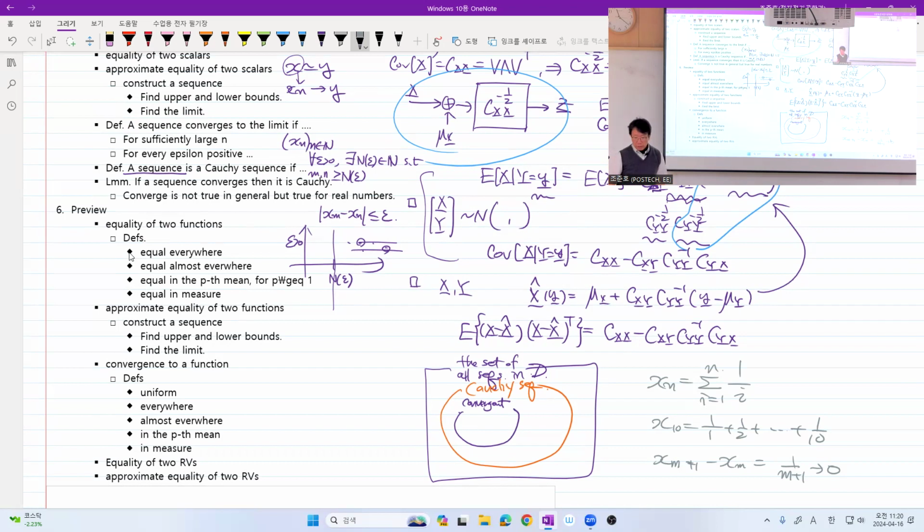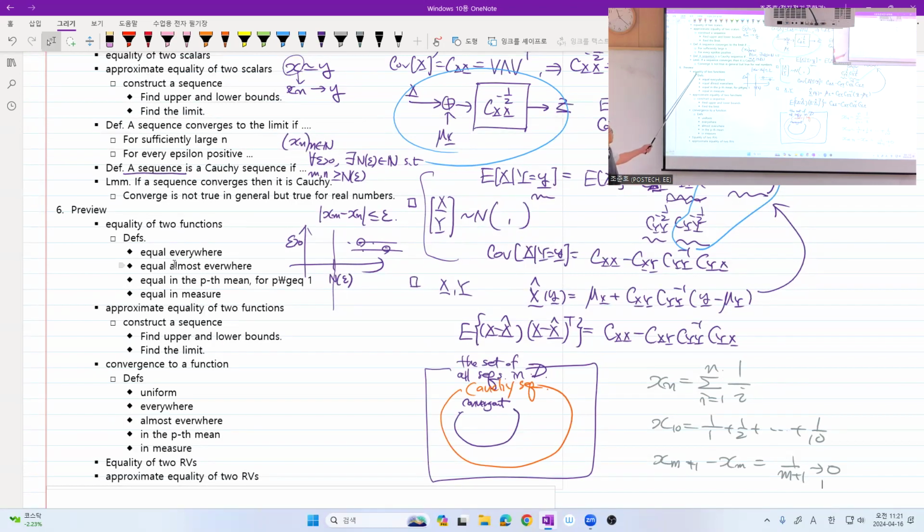Anyway, that is the review, corrections and clarification. And today, we continue the preliminary material related to the equality of two functions. Hopefully, I want to move to the next topic, the equality of two random variables, but it's not likely.